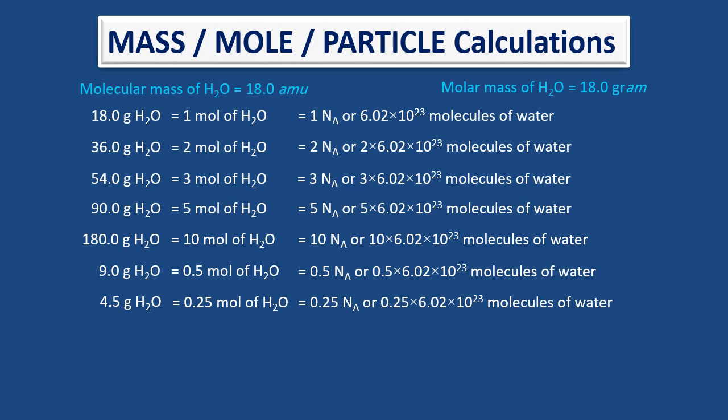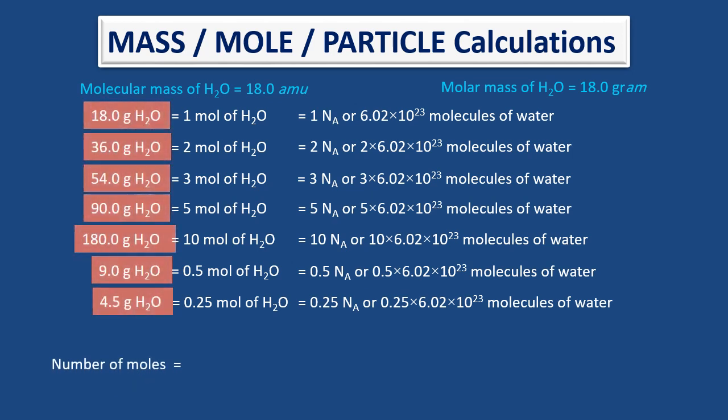So from these observations, we conclude that we use mass to obtain moles, and using moles we can find number of water molecules. So number of moles are obtained by dividing these masses by the molar mass of water, that is 18, to get these number of moles. So number of moles is equal to the given mass in grams divided by the molar mass of the substance.